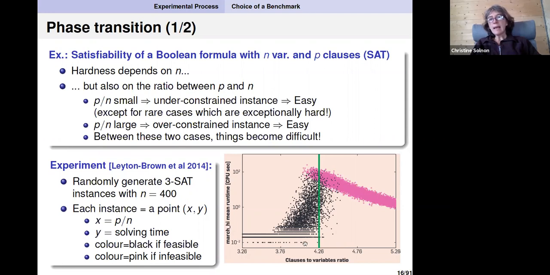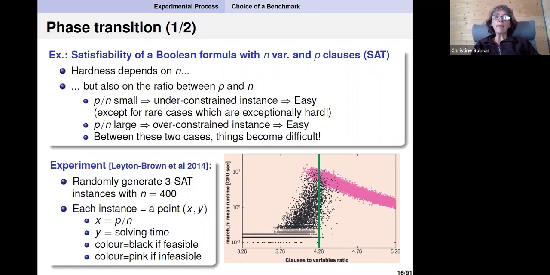On the x-axis, we report the value of p over n, so this ratio. And on the y-axis, we report the solving time using some solver. So the higher, the more difficult the instance. And finally, the color of the point tells us if the instance is feasible, if we have found a solution, or if it is infeasible.